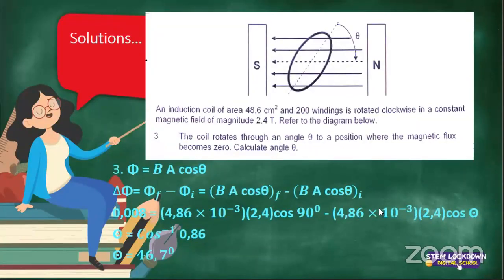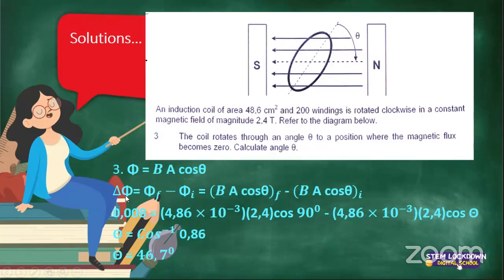Right, the next question is, the coil rotates through an angle theta to a position where the magnetic flux becomes 0. So what do we know? We know that magnetic flux equals BA cos theta.